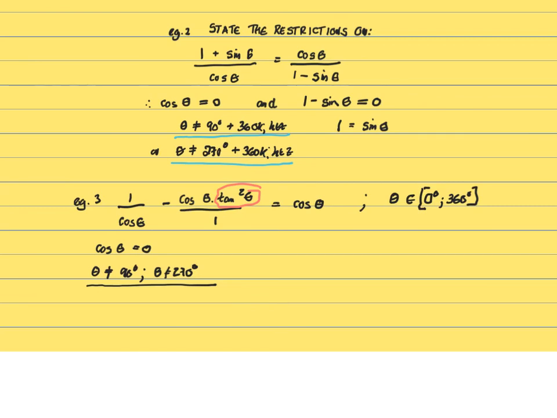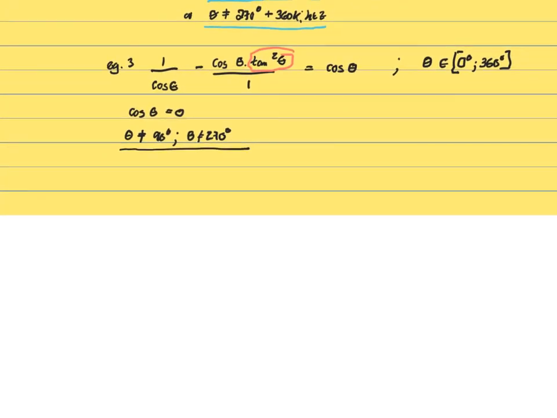Okay, and that really is how easy it is. Okay, let's do one more together. Okay, let's do example number 4. Sorry, this yellow paper runs out after a while. Example number 4. (1 - sin θ) / cos θ is equal to cos θ / (1 + sin θ).